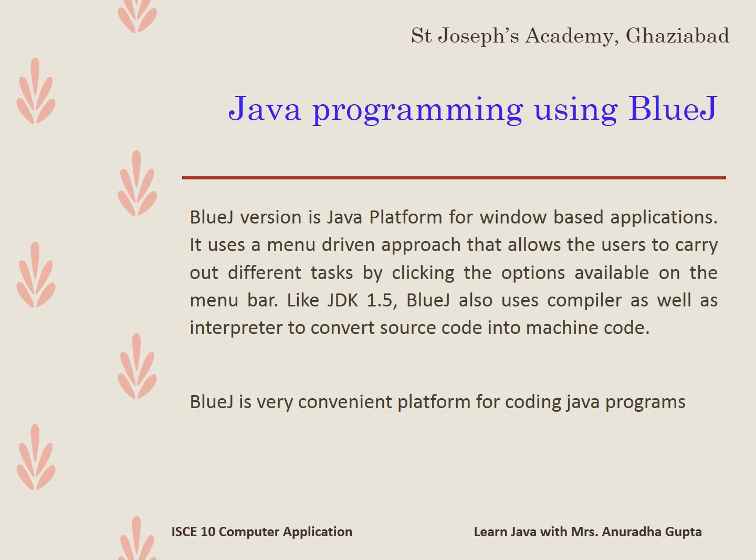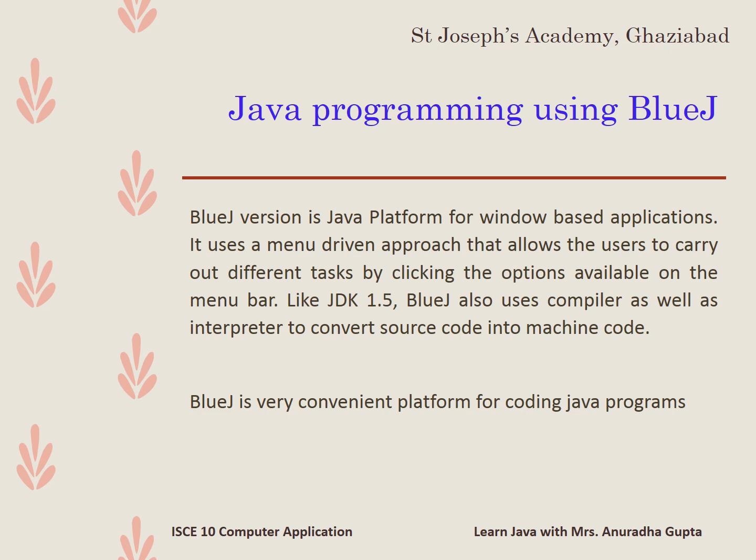Next, you have to learn about BlueJ. BlueJ is a platform to execute Java programs. It is a window-based application. It uses a menu-driven approach that allows users to carry out different tasks by clicking the options available on the menu bar.